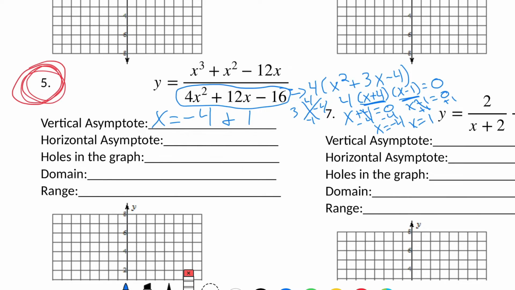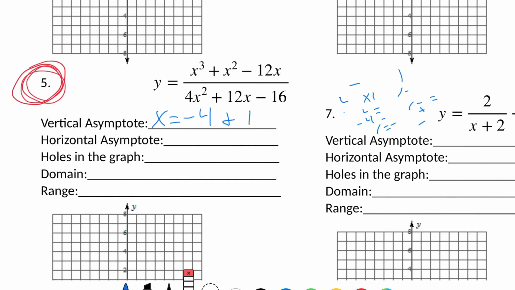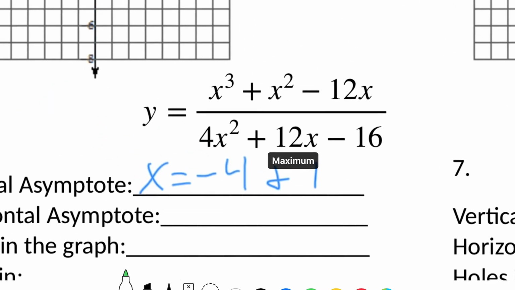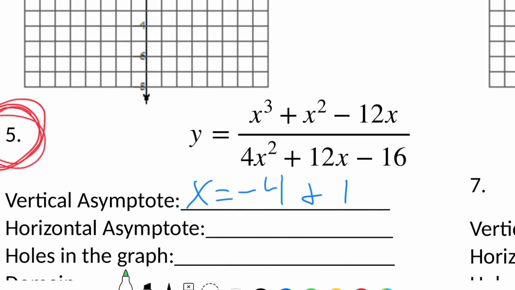Now for a horizontal asymptote, again, pause it if I'm going too fast. For the horizontal asymptote, we are looking at our biggest exponents. So our biggest exponent in the numerator is 3 versus our denominator biggest exponent is 2.